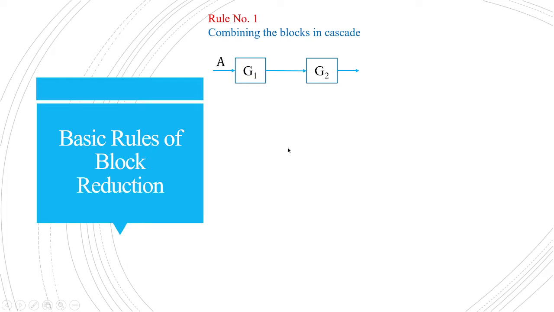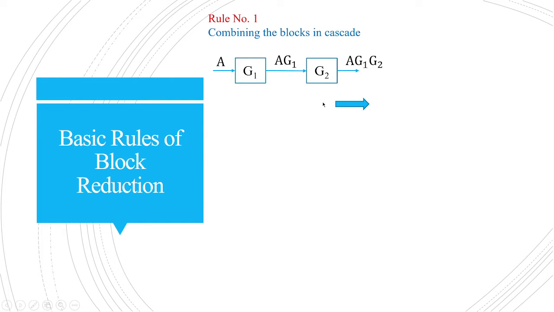So you have seen these kinds of block arrangements in different control systems. You have a block G1 and block G2, where a parameter A is multiplied with G1. You get the series value AG1, which is taken as input to G2, and the final output would be AG1G2. This is one important rule, rule number one, followed in block reduction.